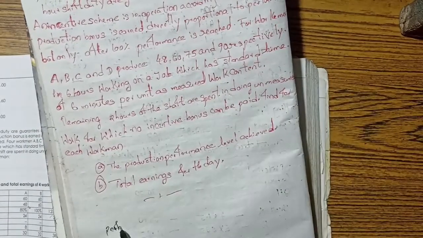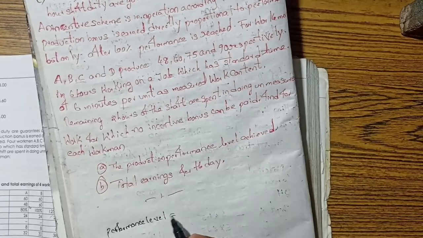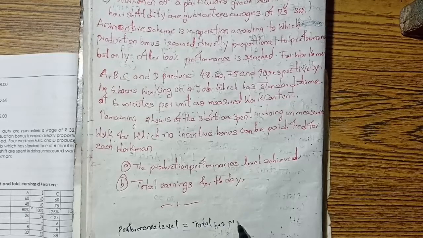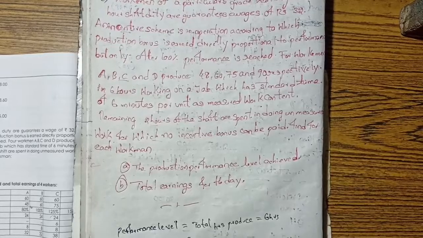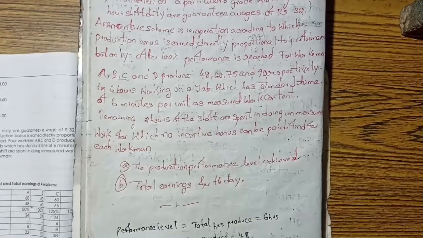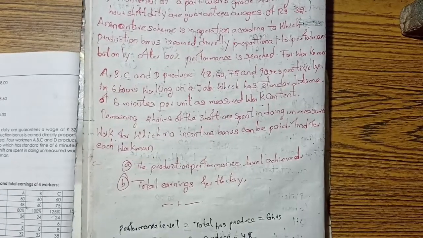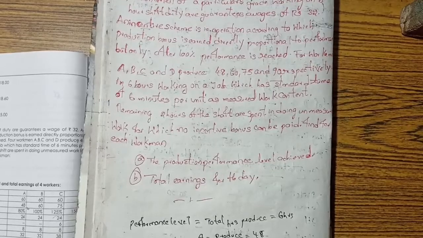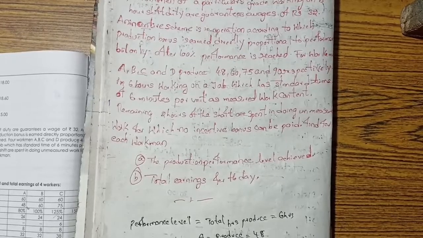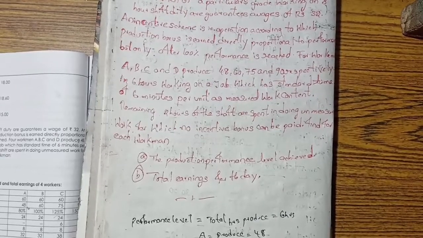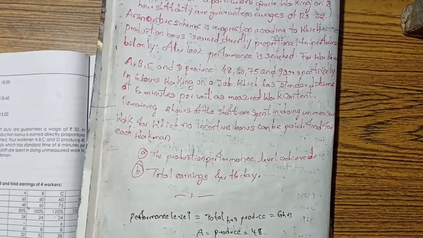Performance level is actual output divided by standard output, into 100, because we calculate the percentage. A produced 48, so 48 divided by 60, into 100, is equal to 80%.